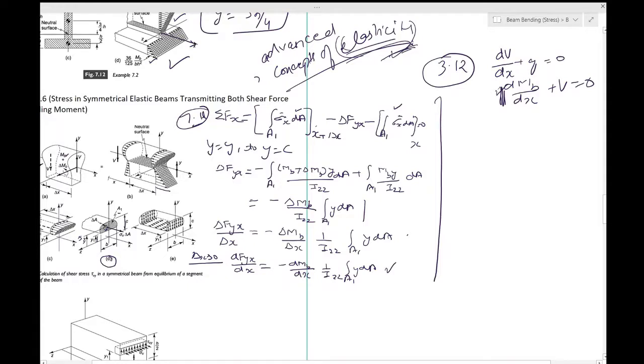So from this one we can write dMb by dx is equal to minus V. Now this particular thing must be kept over here, and that would mean that dfyx by dx is equal to V by Izz times the integral, and let's write it as V of x, just to be clear that it varies with x.